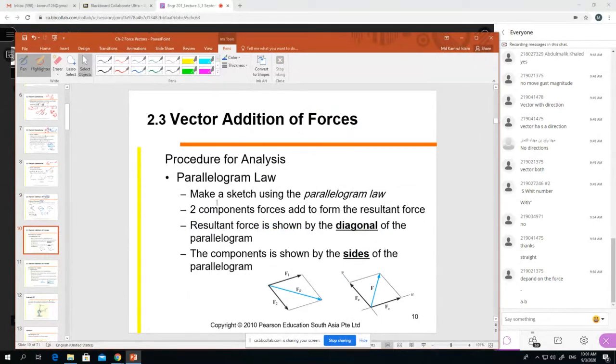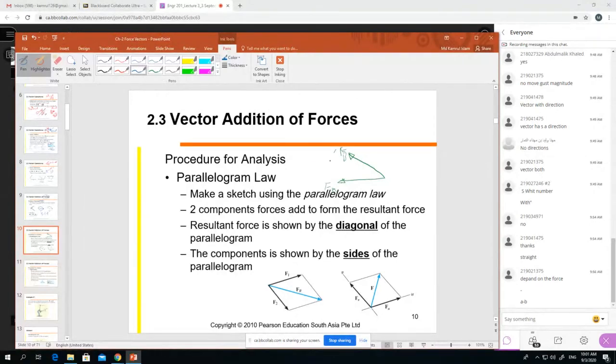Then the parallelogram law, what is the law? We already discussed. If there are two forces, then we make parallel lines to these two sides, and the diagonal will be the resultant force. If you draw a different diagram, like suppose one vector is in this direction and another vector is in this direction, force A and force B, then where is the resultant force going to be?